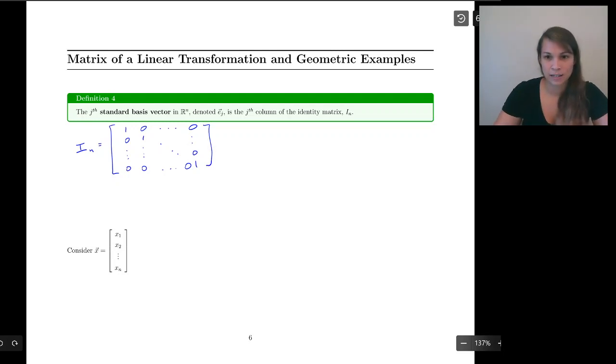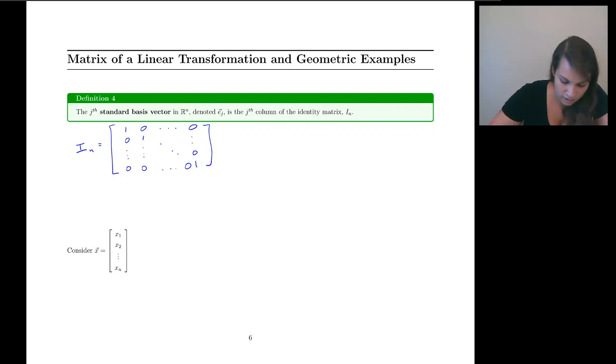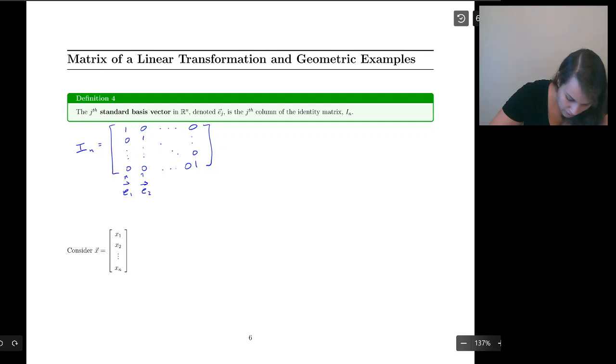So what I'm saying is E sub 1 would be this first column here. And E sub 2 is the second column, all the way up to E sub n.